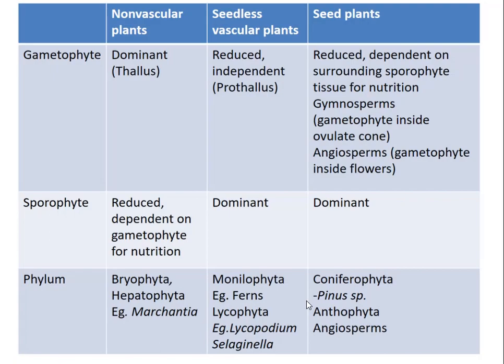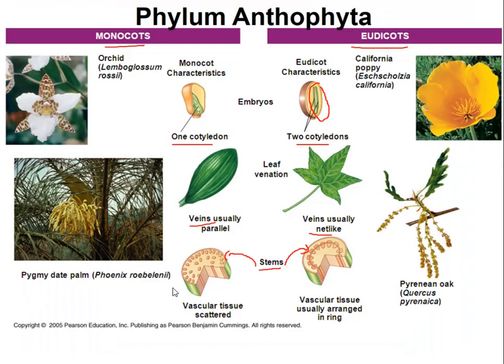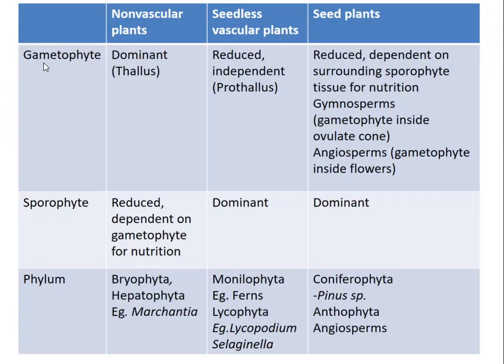Okay, all right, and lastly you have here a simple summary about non-vascular plants, seedless vascular plants, and seed plants, in terms of the gametophyte, the sporophyte, and the phylum.